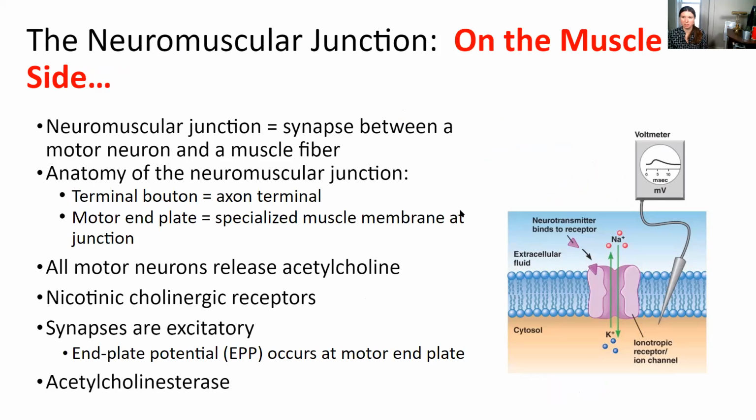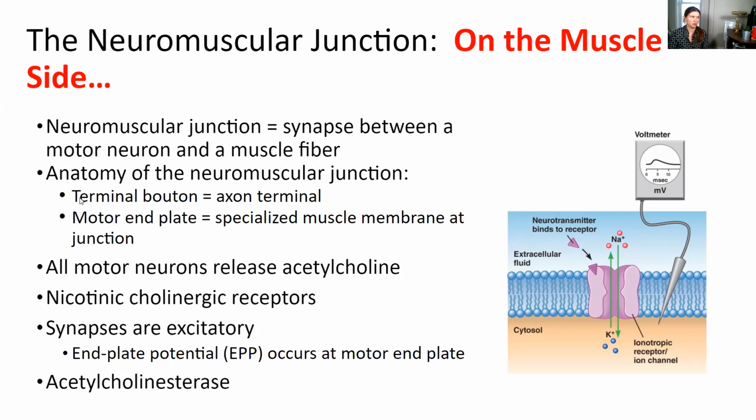So when we're thinking about our sympathetic nervous system, for example, innervating smooth muscle, we saw that we also had a specialized structure there. Okay. So we saw that in our autonomic nervous system, we have these structures called varicosities. So we want to make sure that we know varicosities are for the autonomic. Our terminal boutons are here for our neuromuscular junctions for our somatic nervous system.